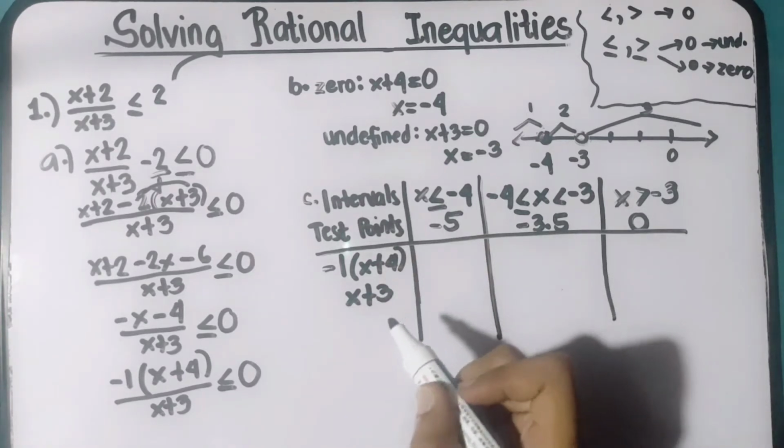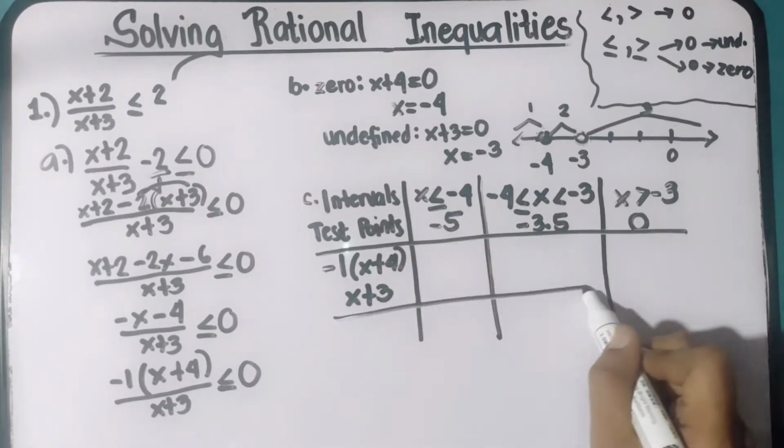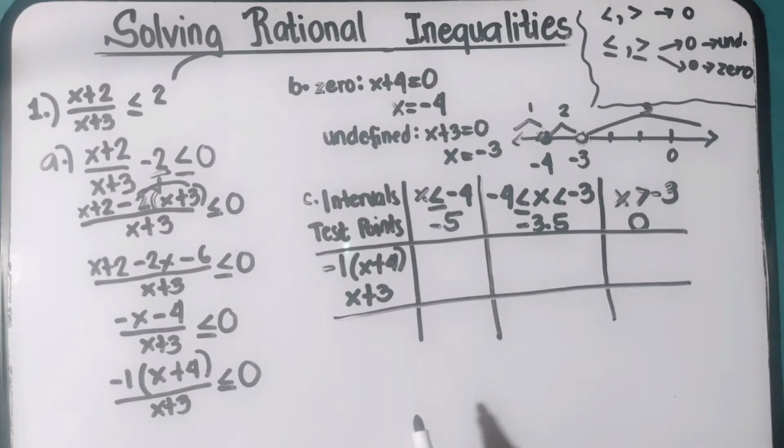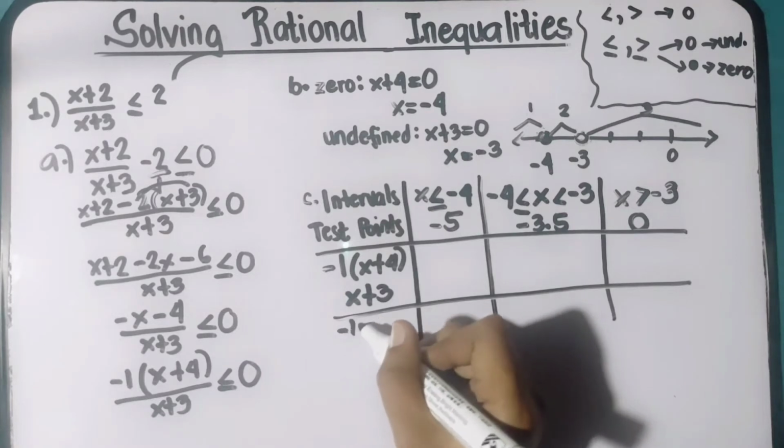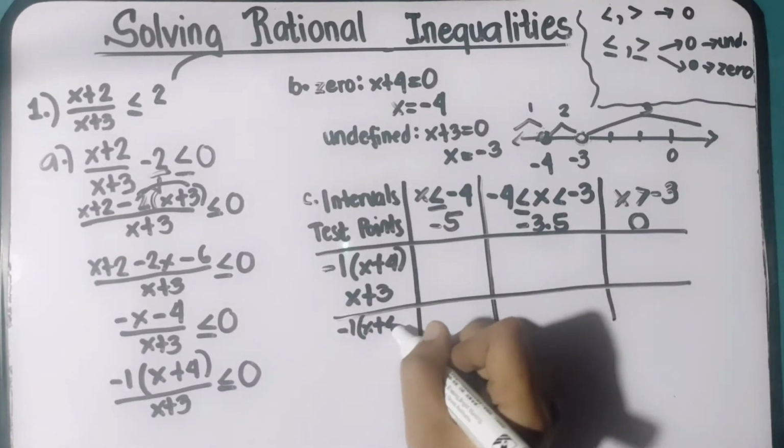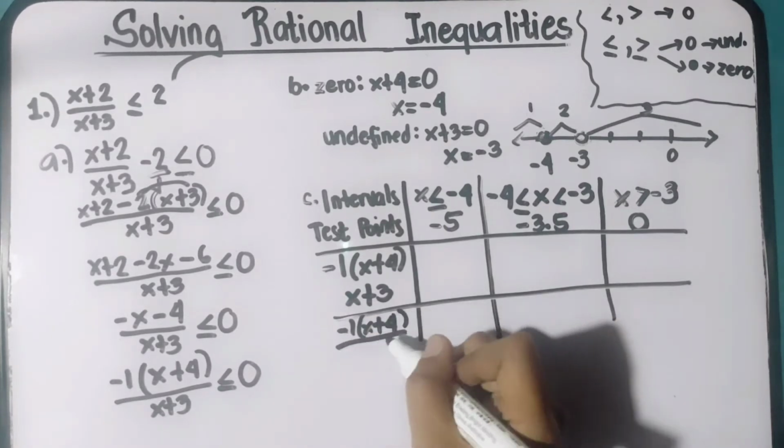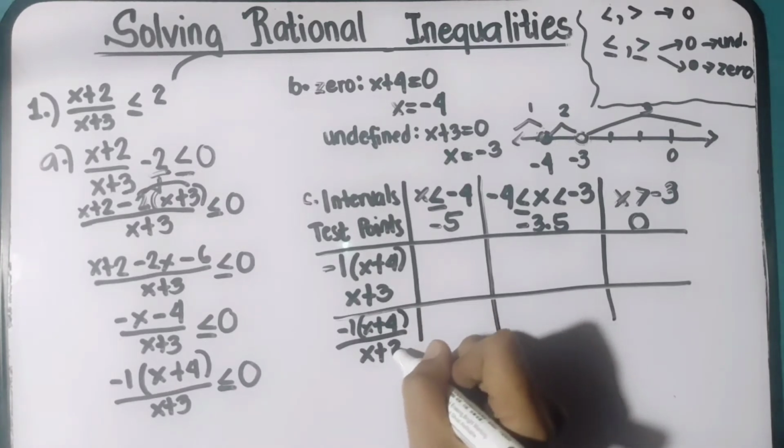And in the bottom, write the entire rational expression, -1 times (x + 4) over (x + 3).